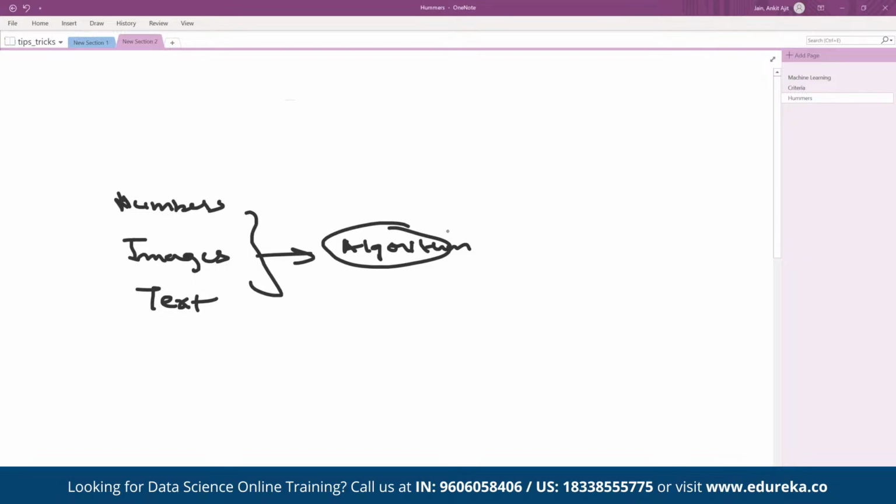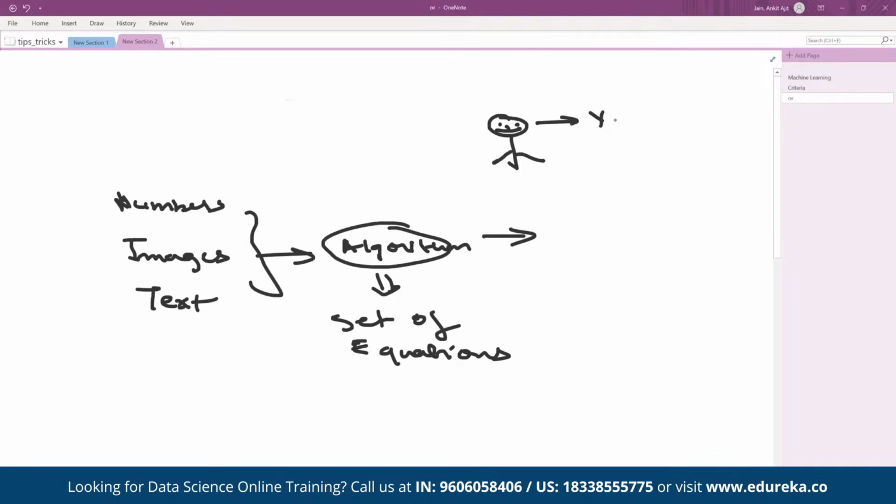okay, the algorithm basically means what? It is a set of equations. Okay, and when you tell the algorithm, from these numbers, images, or text you give it, this is you. All of you, I have made you now very thin today.